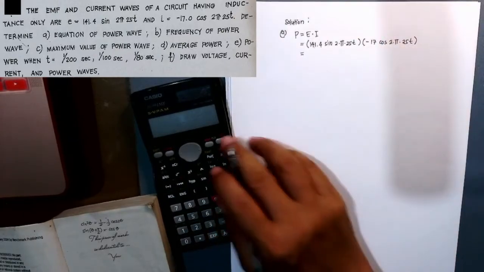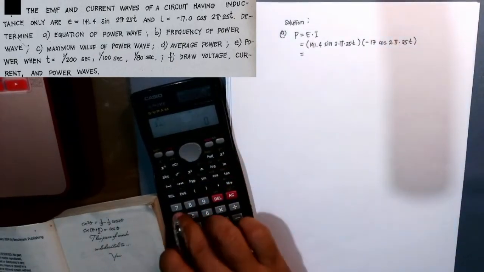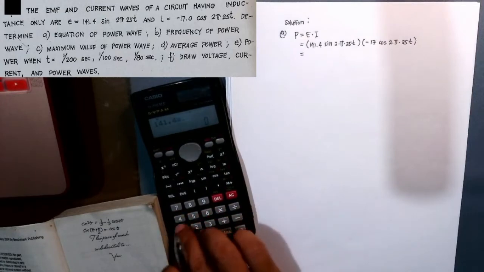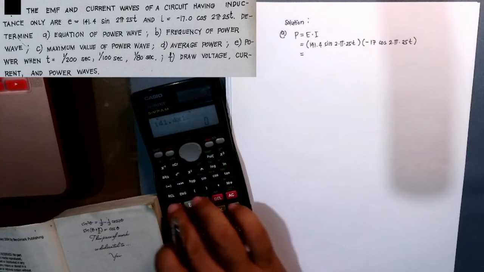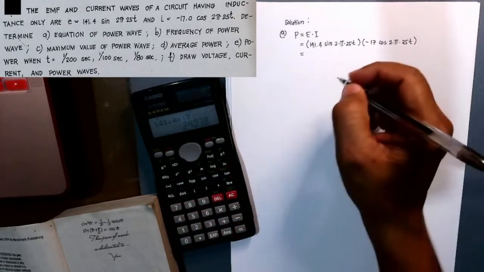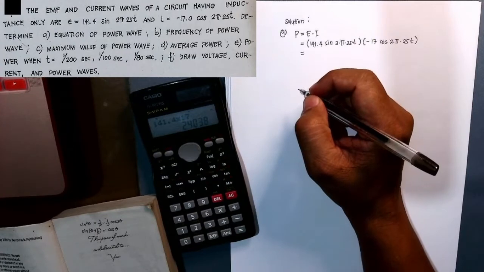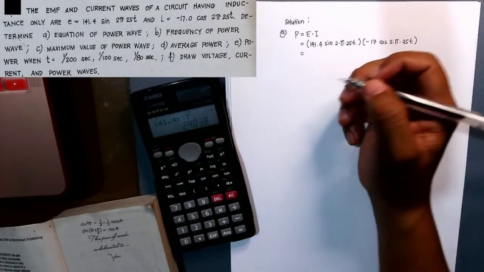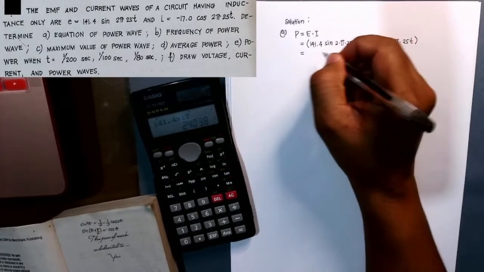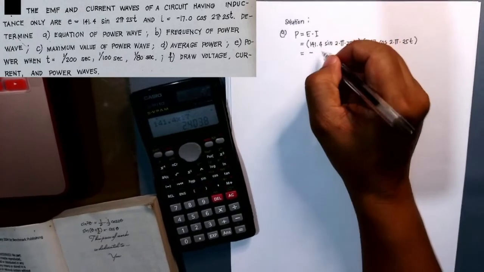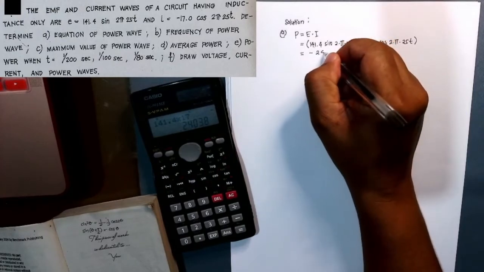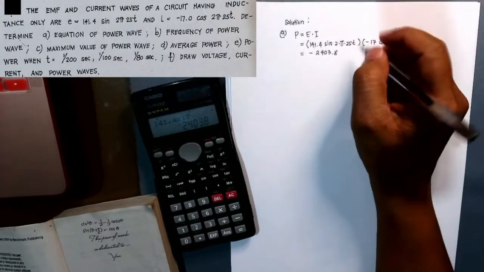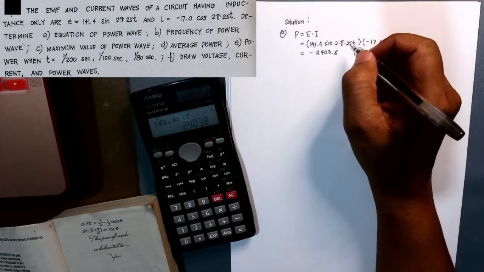That is 141.4 times negative 17, which gives us 2403.8. Since one is positive and one is negative, it will give us negative 2403.8.